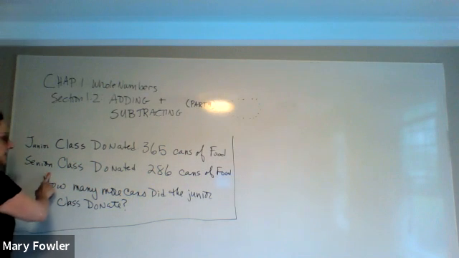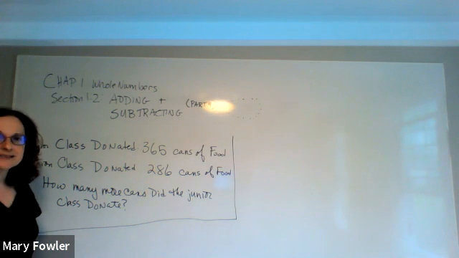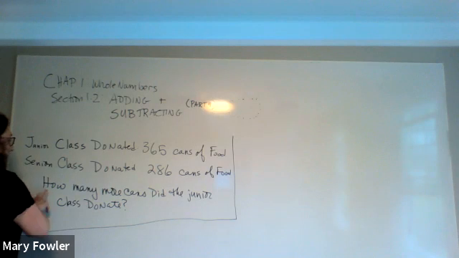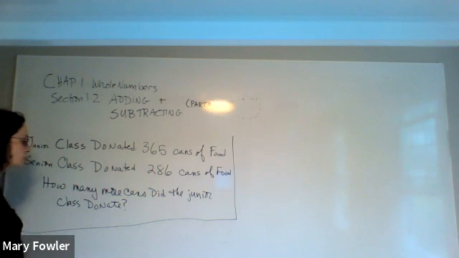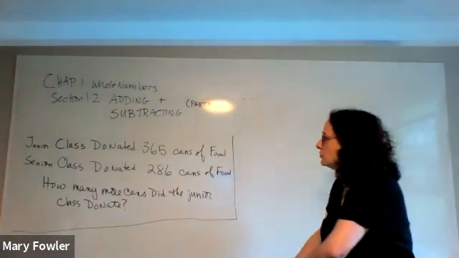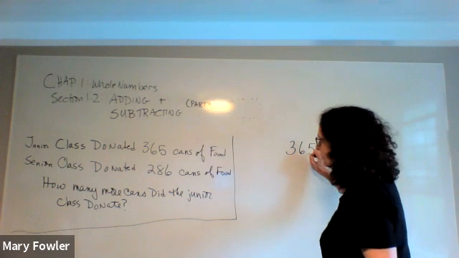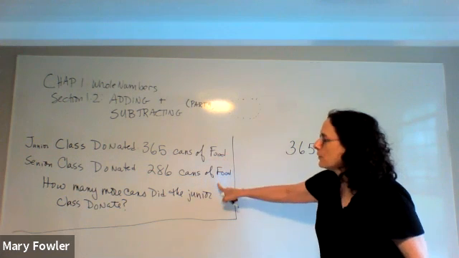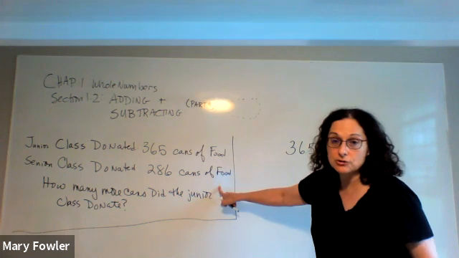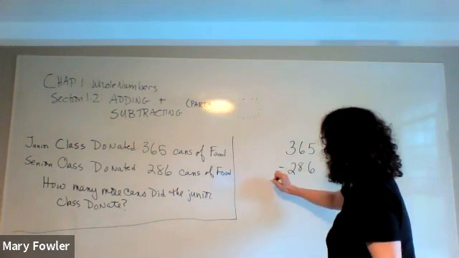And the senior class, this is for a food drive, donated 286 cans of food. Our job is to answer this question: how many more cans did the junior class donate? So the junior class donated 365 cans of food, and we want to know how many more 365 is than the 286. So we're going to subtract.